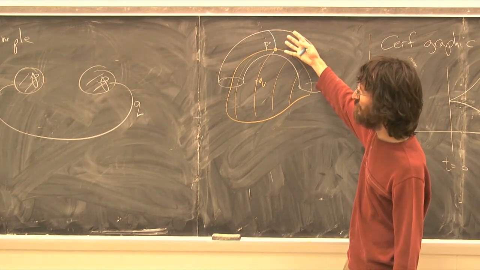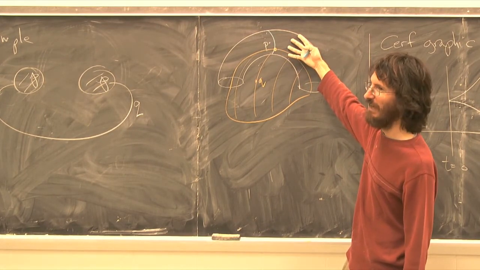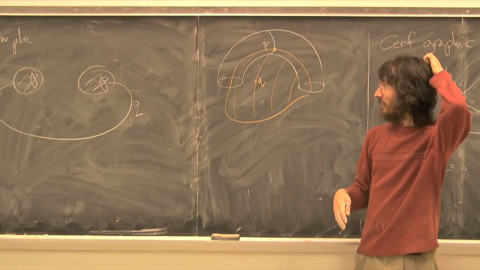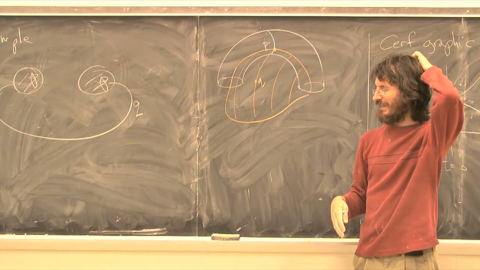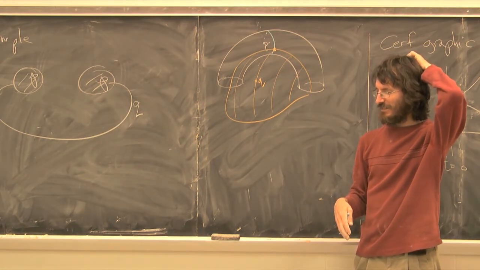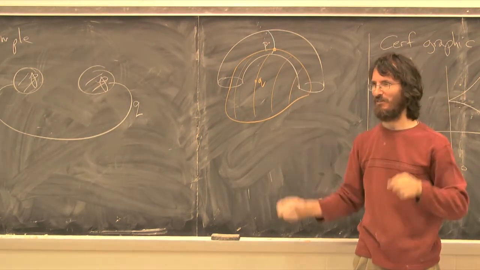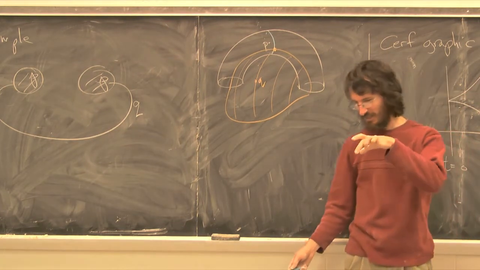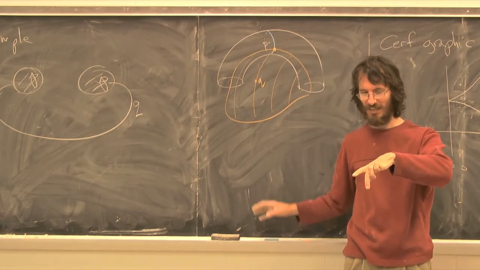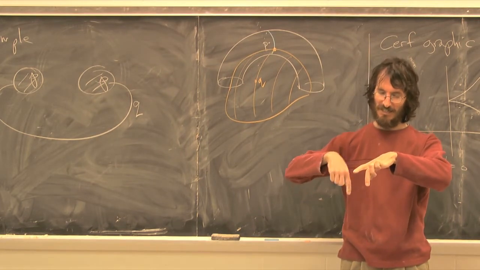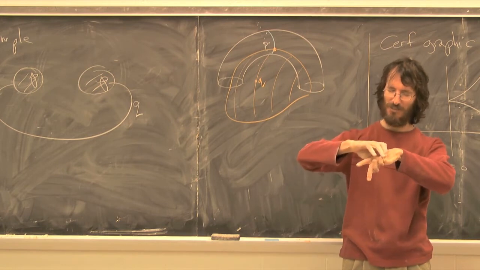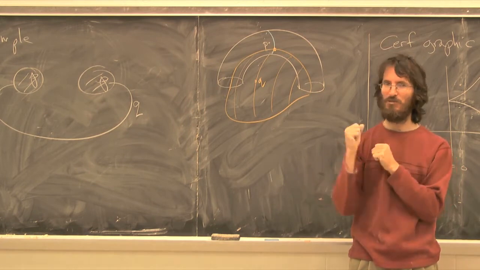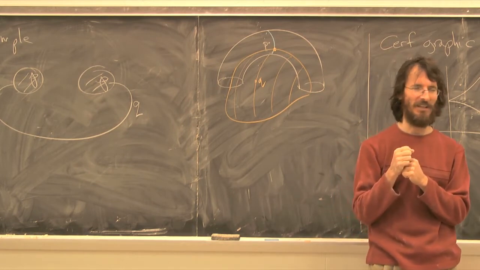Okay. Now, we sort of had this rough idea. It's not that hard to prove. Without Morse theory at all, you can prove that if you have a handle and a handle of higher index whose attaching sphere for one intersects the belt sphere for the other at a single point, then topologically you can just cancel. So if you attach a k handle and then attach a k plus 1 handle so that the attaching sphere for the k plus 1 handle intersects the belt sphere for the k handle at one point, then you produce a manifold that's diffeomorphic to what you had before you attached either of the handles.